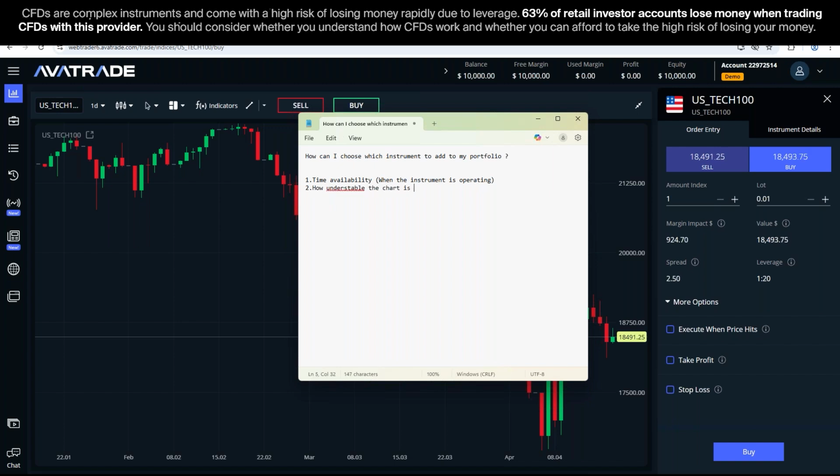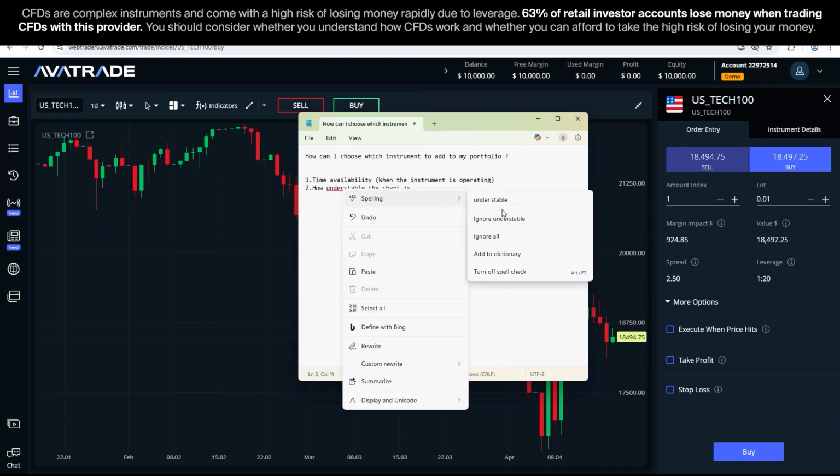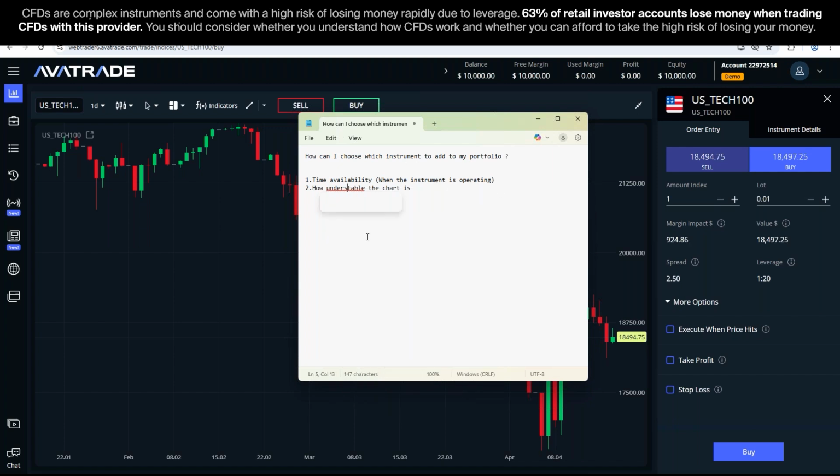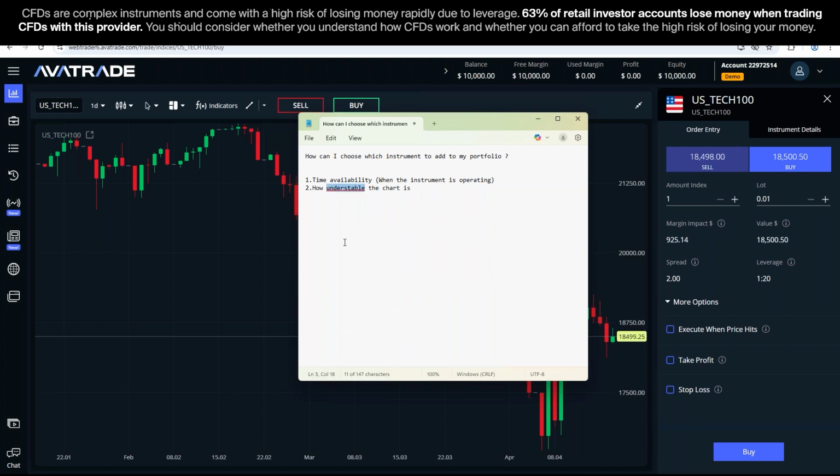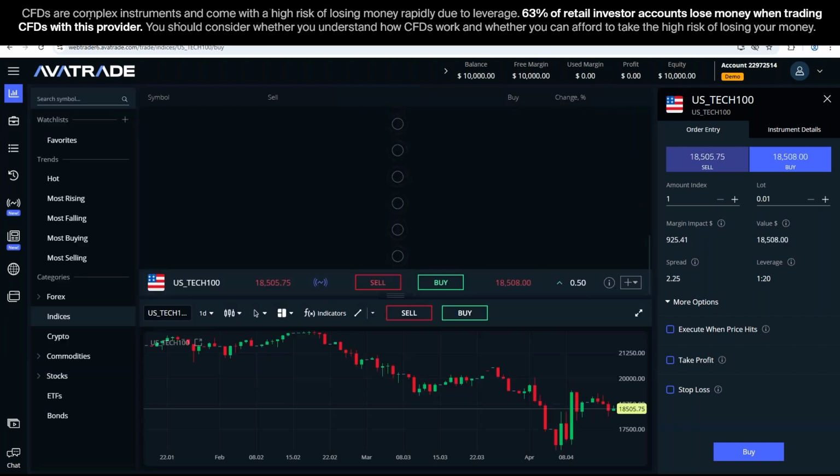This, by the way, can change. It's not something permanent. We need to understand that the market is fluid and dynamic. Even sometimes an instrument can look like this.